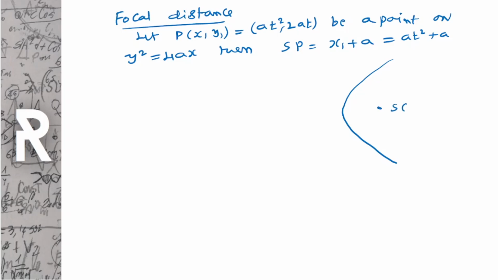This is the focus (a, 0), and here is the directrix. P is a point here. The distance from P to the focus and the distance from P to the directrix are equal, because of the definition: SP = PM.